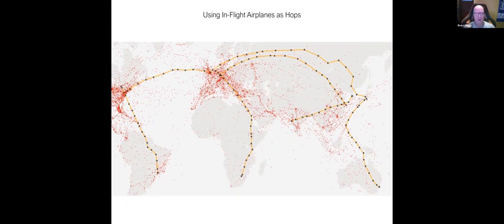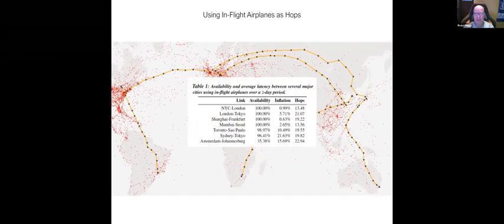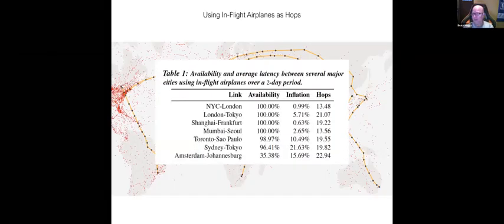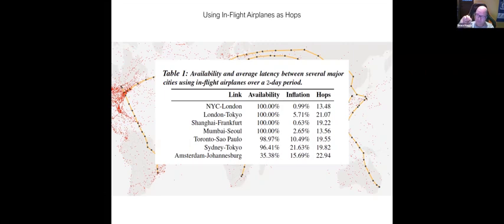How fast would that be, and how often would you be able to find a path between financial centers? It turns out there's a lot of air traffic between financial centers. So it's almost always the case, or maybe always the case, between New York and London or Shanghai and Frankfurt, that you can get paths where the inflation of speed of light is less than 1%, going hop to hop using airplanes.